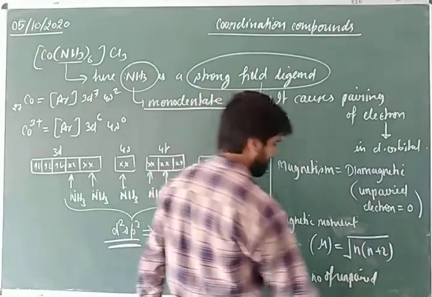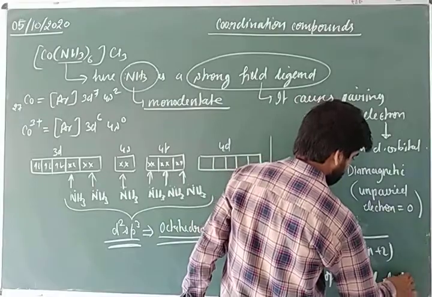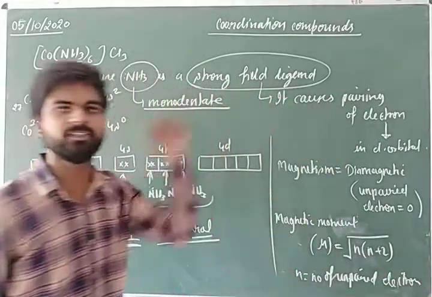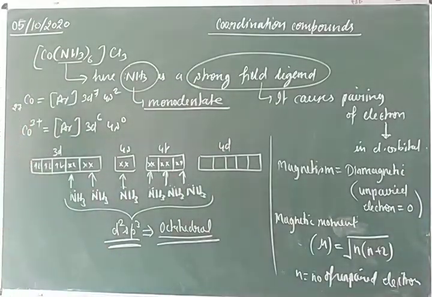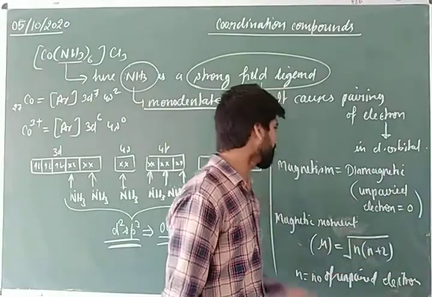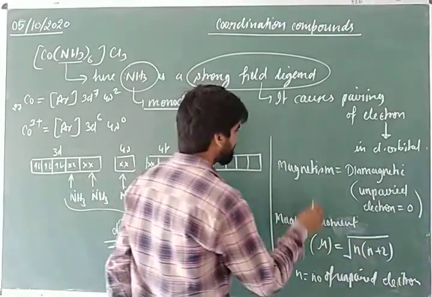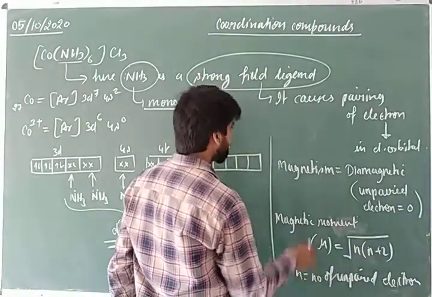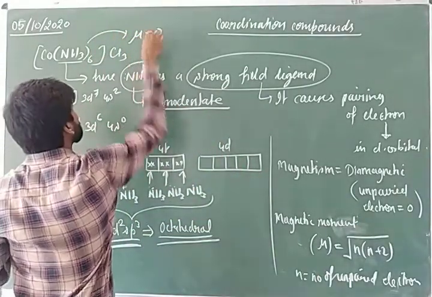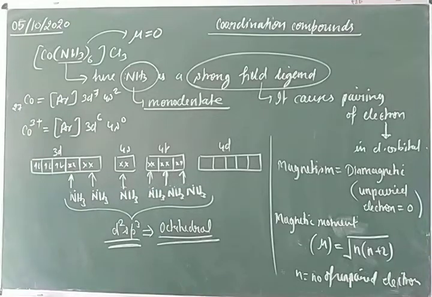As you can see, there is no unpaired electron, so the value of n will be 0. So the magnetic moment mu is 0 for this complex.